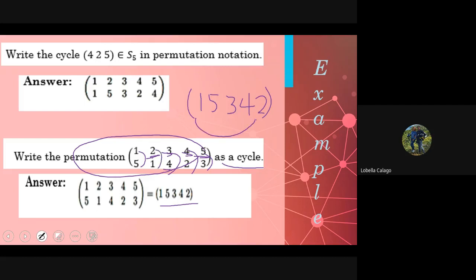So, therefore, yung answer natin is (1 5 3 4 2). So, ganun lang po. Kasi cycle, bumabalik siya. Pag pumunta na siya sa dulo, bumabalik siya sa unahan. So, ganun lang yun sa paggawa from the cycle to the permutation, from the permutation to the cycle.